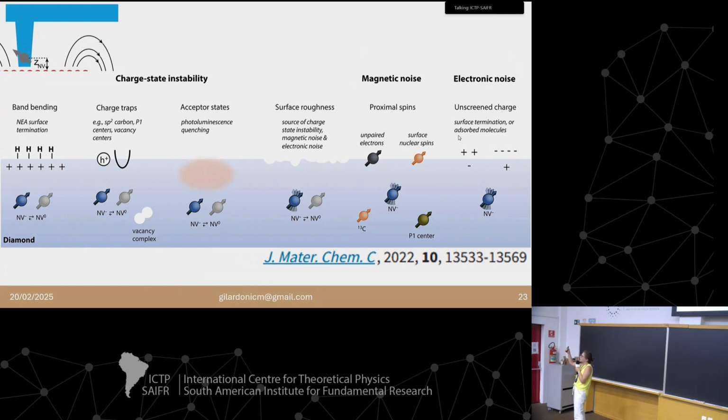So if you're working with NVs in diamond, if you want them to be stable, then they typically have to be distant from the surface, or you need to do very particular treatments to the surface in order to avoid these sources of noise. And that means that you lose in sensitivity, right? The farther away you are from your target, the less sensitive you are as well.